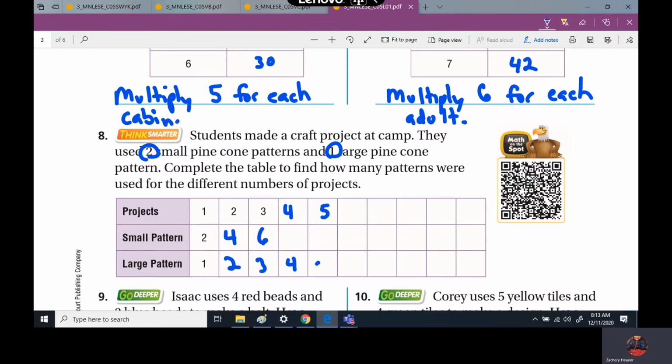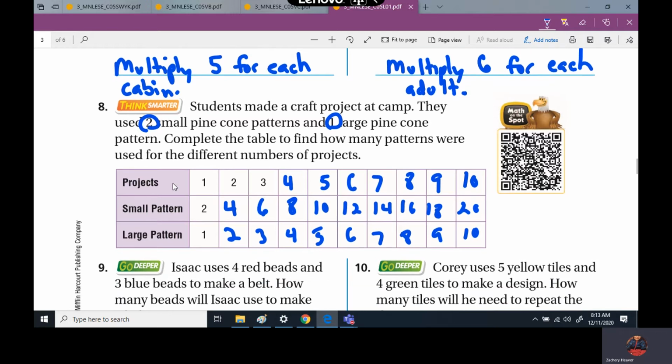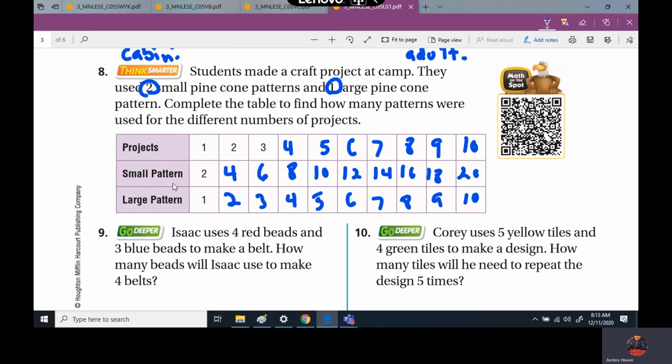These match up. 5, 5, 6, 6, 7, 7, 8, 8, 9, 9, 10, 10. Now they will also skip counting by 2 here: 2, 4, 6, 8, 10, 12, 14, 16, 18, and 20. We recognize the patterns pretty quick.